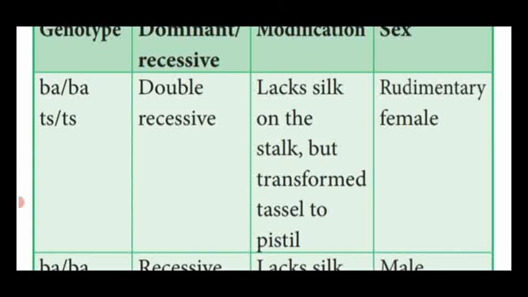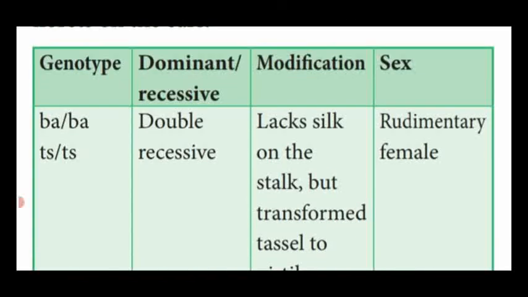Male only is dominant. So rudimentary female. That means the female inflorescence is totally absent, but a small condensed portion of a female is shown in the male inflorescence. That is said to be rudimentary female. So this is how sex is determined in the first condition.